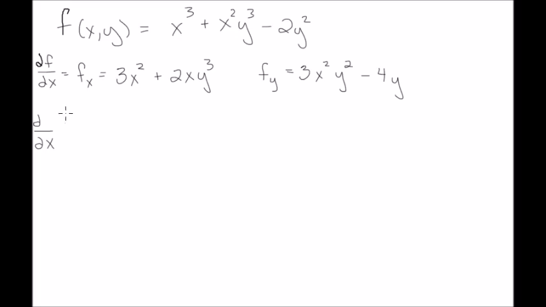So if I take ddx of ddx, I can write that d squared dx squared. Or I can write that f subscript xx. And you can see why people go with this other notation.